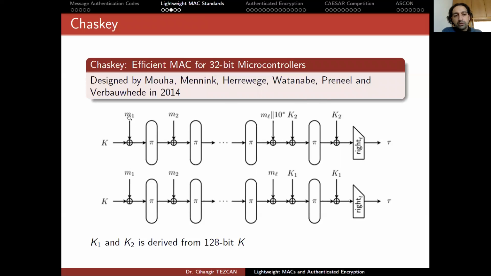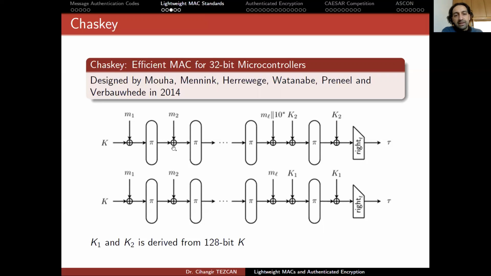So the idea is as follows: you divide your message into blocks here, M1, M2, and assume that we have L many blocks. But the last block is shorter than the block size, so you perform a padding here. You XOR your first message block with your secret key, perform a permutation pi, which I will show in the next slide.